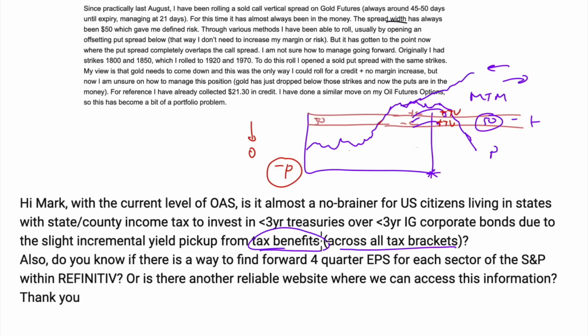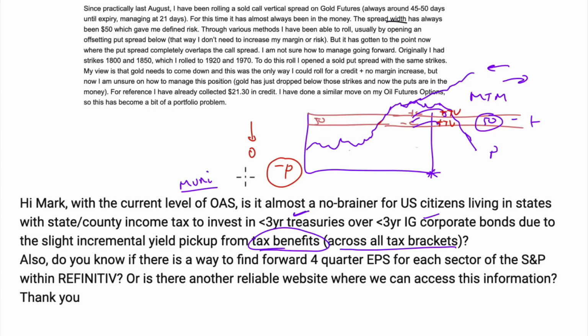Interest is interest no matter how you earn it. There is no difference between interest on treasuries versus interest on IGs. Unless you mean that you're going to use muni bonds. Munis are tax-free, but they're going to have a lower yield because they're tax-free. So I'm not sure what tax benefit you think exists there.